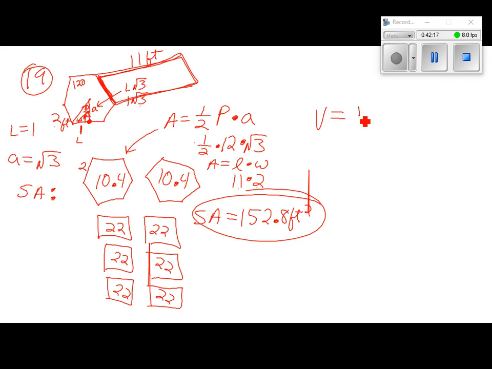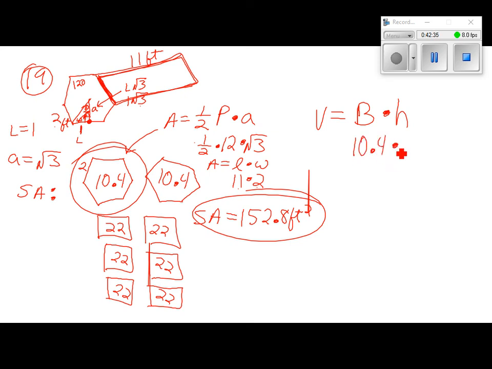On the formulas worksheet, under other prisms, the volume is just big B times H. Remember, big B is the area of one of the bases. Well, we just found that. It's 10.4, so it's 10.4 times H.